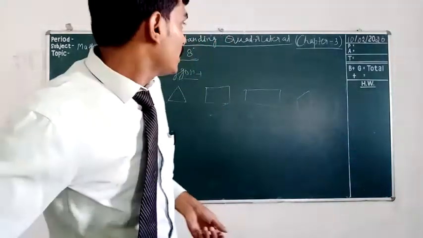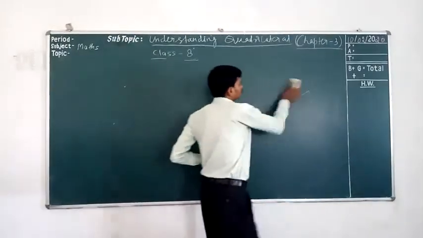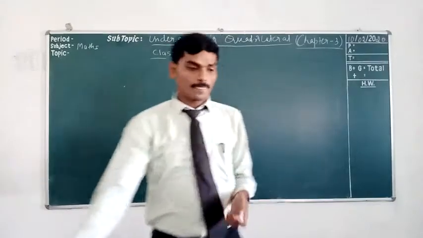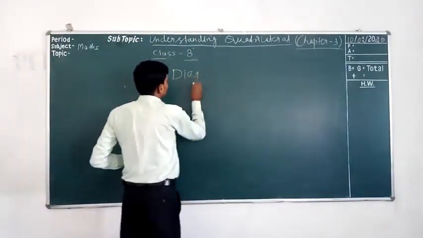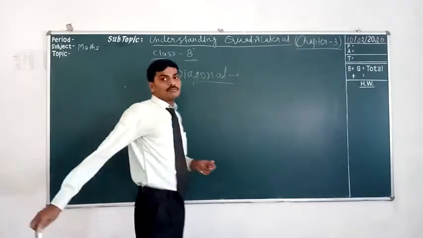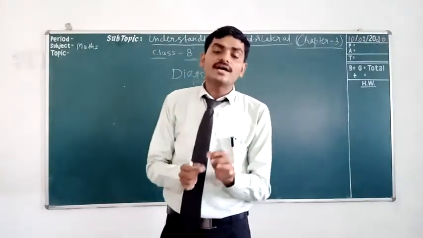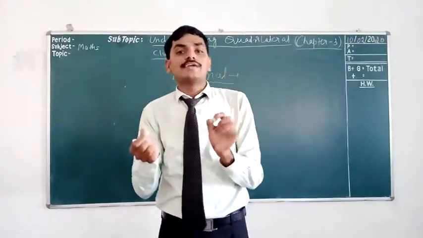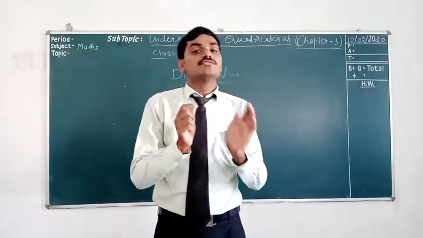Now come to the diagonal. What is a diagonal? The line segment which joins two non-consecutive vertices of any polygon is known as a diagonal.